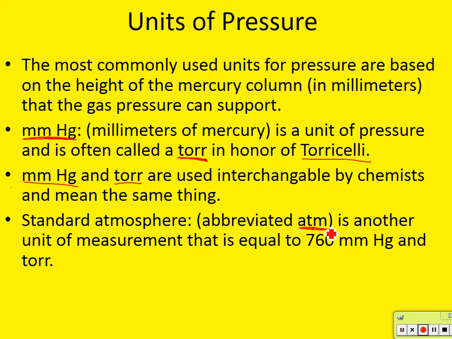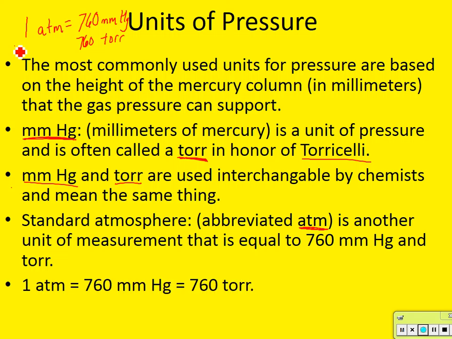So we'll write this out in your margins. 1 atmosphere is equal to 760 millimeters of Hg and 760 torr. You're supposed to write that in your book.